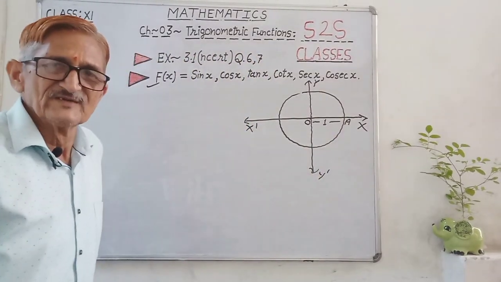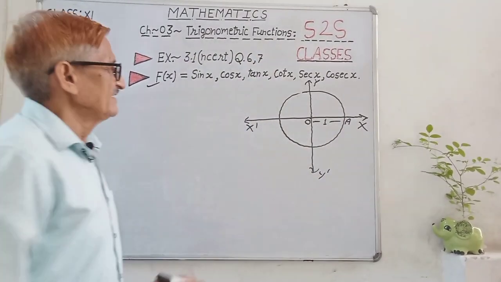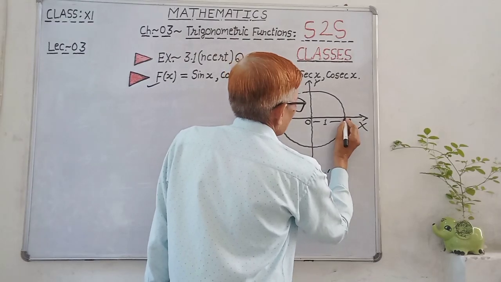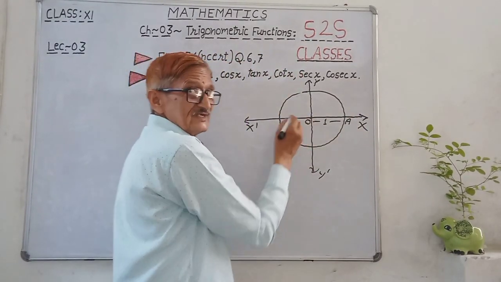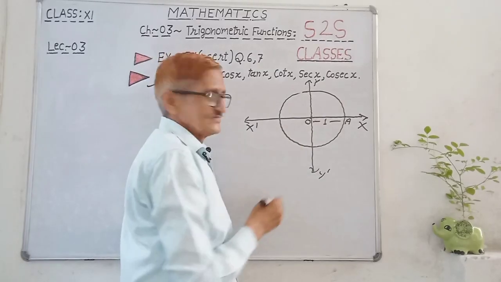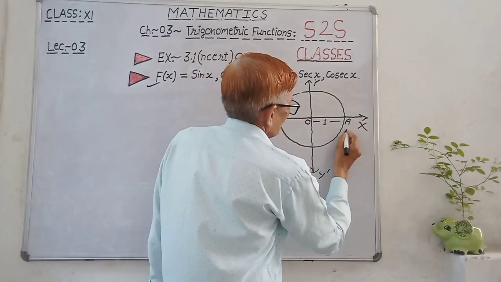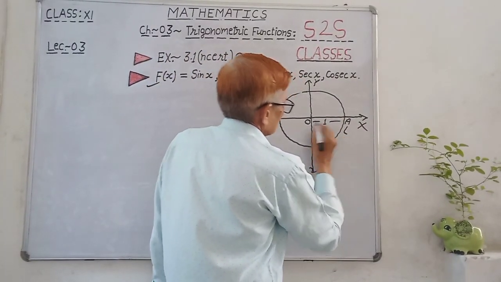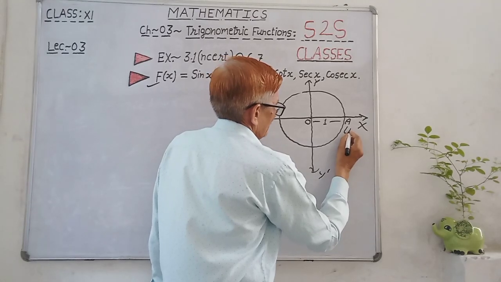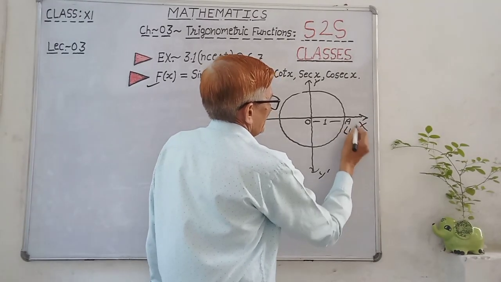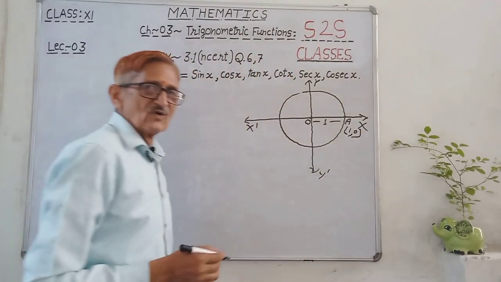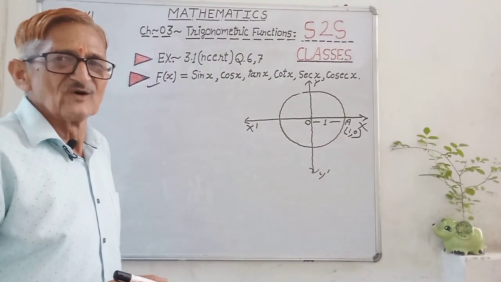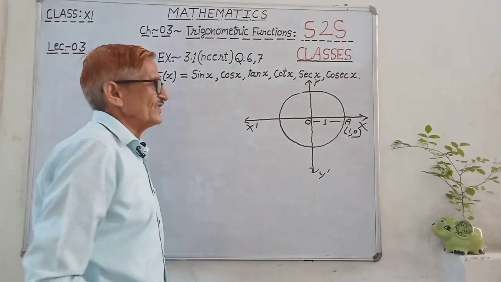Then what is the coordinate of this point A? O is the origin in the rectangular system, and we have taken 1 unit, so the x coordinate of A is 1 and the y coordinate on the x-axis is 0. The coordinate of point A is 1, 0.